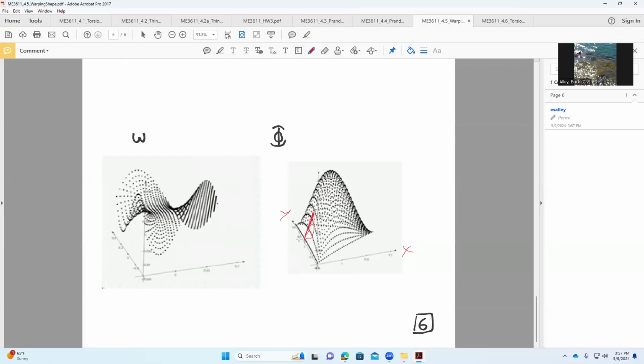The d Prandtl dx is at its maximum value, going up right there. So d Prandtl dx is maximum, and negative d Prandtl dx is supposed to be our sigma yz. Sigma yz then is going to have a negative sign, which means our max shear is going this way right here.